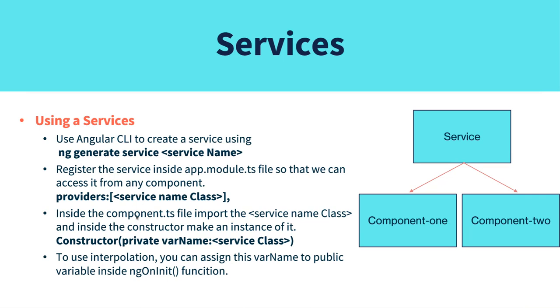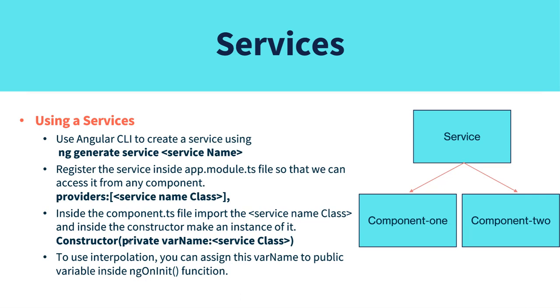Then we went to the constructor of our components, and there we used a private keyword, then a local variable name, then we typed with a colon after that the class name. So this variable name which we gave also became a property at the same time.